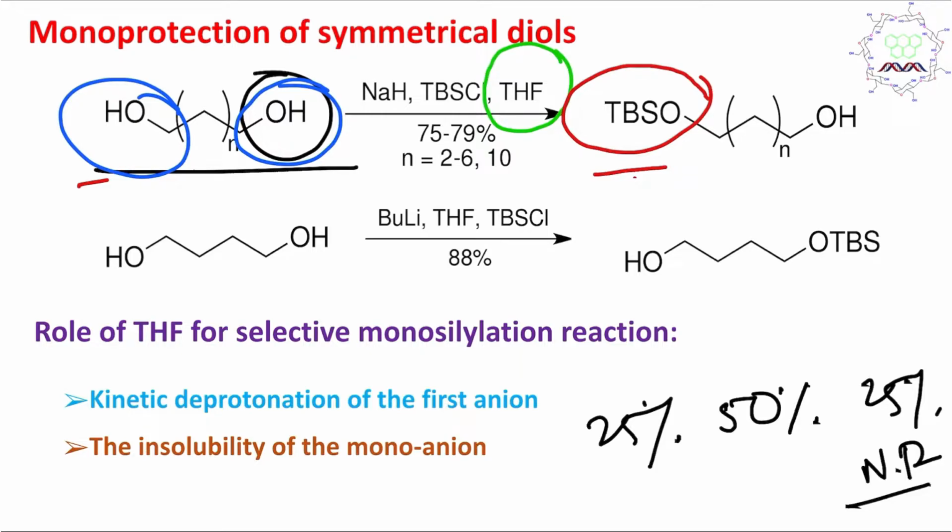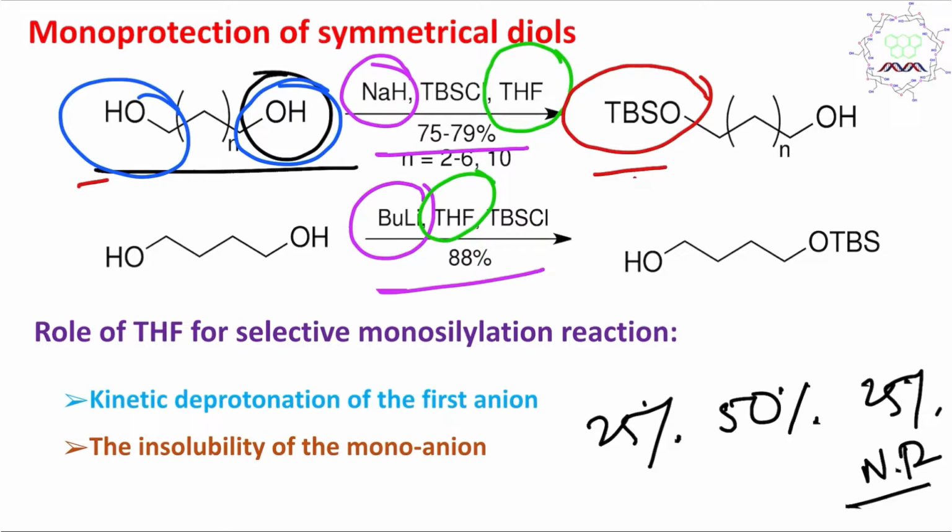In this case, NaH, sodium hydride, is acting as a base, and in the second case butyl lithium is acting as a base. In both cases you can see THF is used as solvent and the yields are 75 to 79 versus 88%, significantly good.